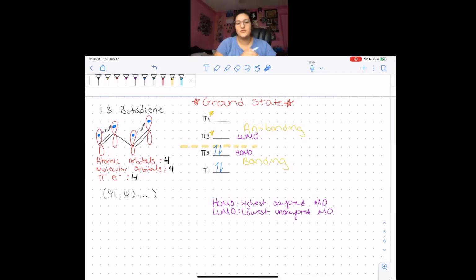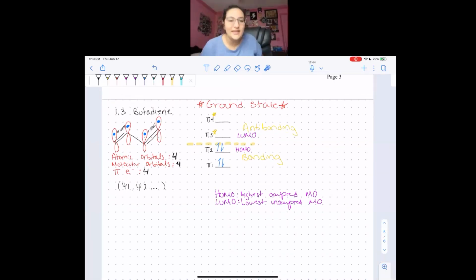But yes, okay. So now, if we go on to the excited state. Does anyone know what happens when it gets excited? Something moves up. Awesome. So I'm going to go ahead and do a red arrow.